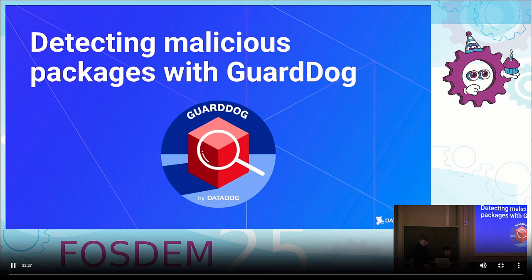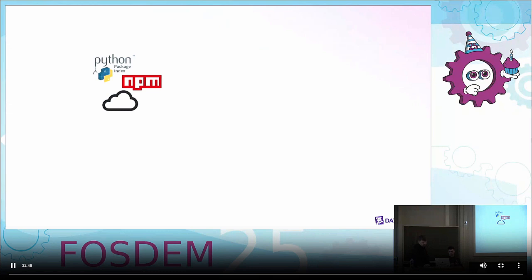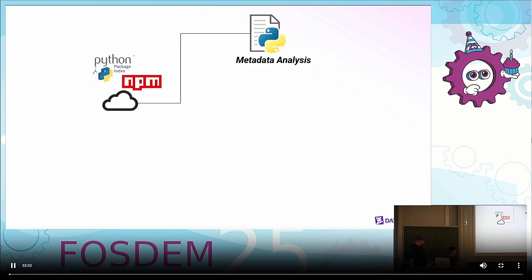Okay, so detecting malicious packages with GuardDog. We're going to explain a little bit how we are using this CLI tool, which is a tool that we created in Datadog internally for scanning PyPI and NPM ecosystems. Basically, we use GuardDog, which pulls data from the package published in PyPI or NPM, and this tool makes use of two kinds of analysis.